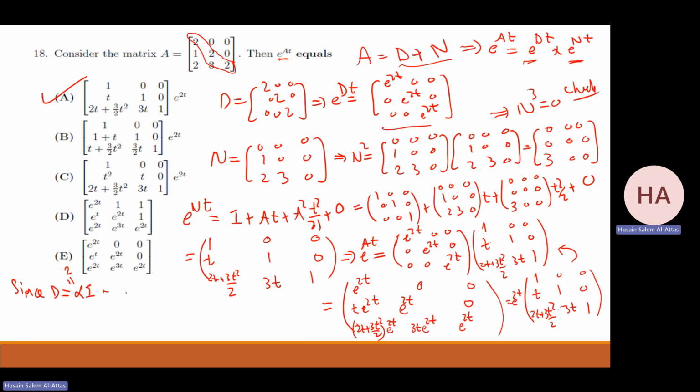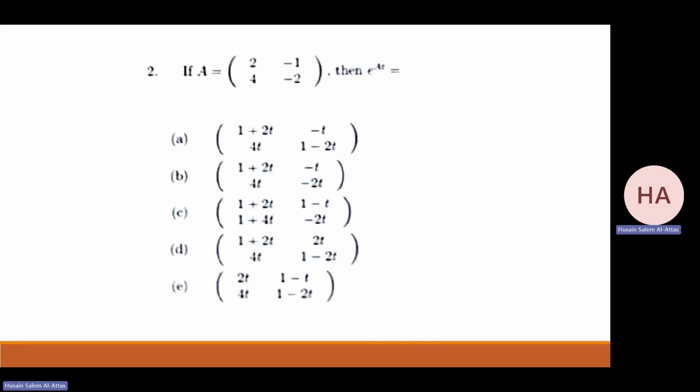Then e to the power Dt will be e to the power 2t I. So e to the power At will be e to the power 2t I times e to the power Nt. And I times e to the power Nt is only e to the power Nt, which is what we get here. So this will be my answer. That will be my last question.